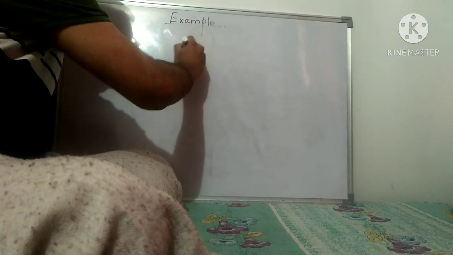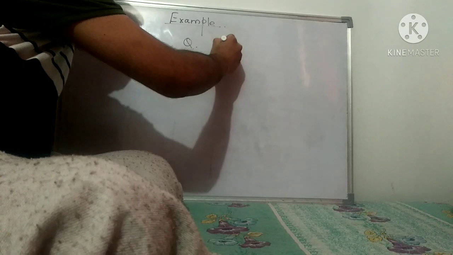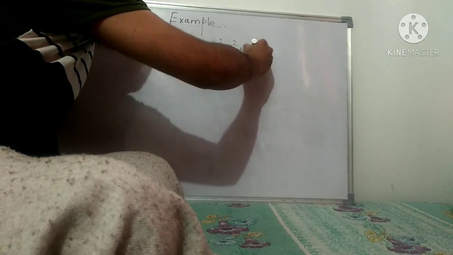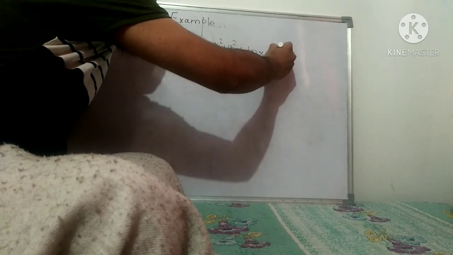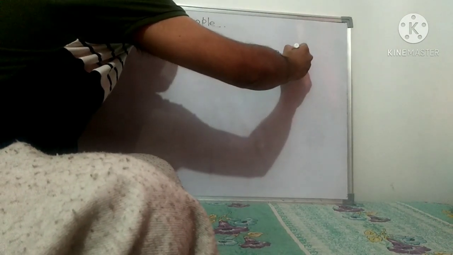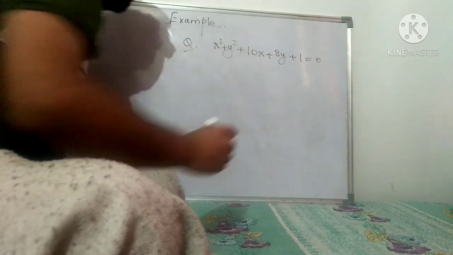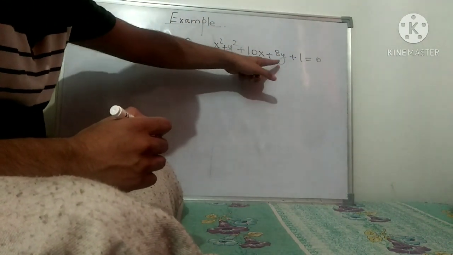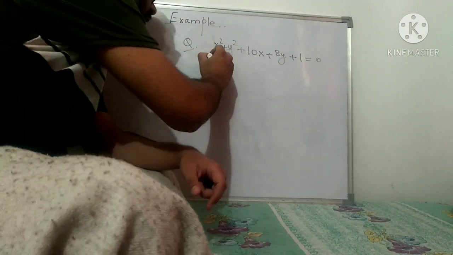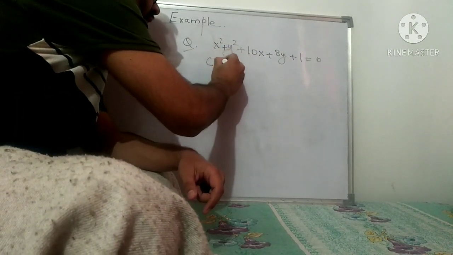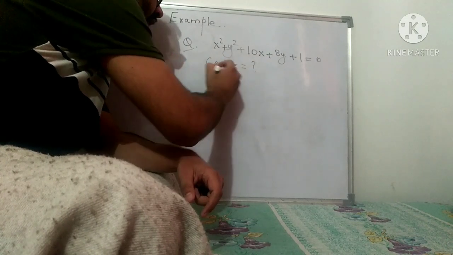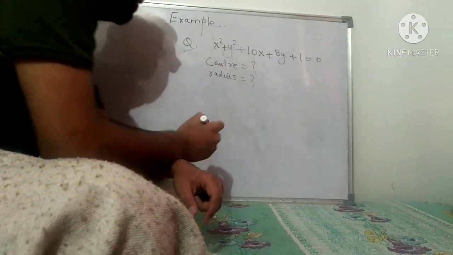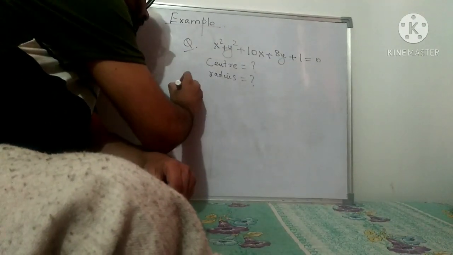Suppose we have a circle whose equation is given to you: x square plus y square plus 10x plus 8y plus 1 is equal to 0. We need to find the coordinates of center and radius of this circle.